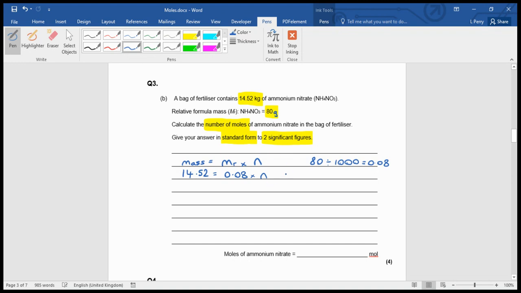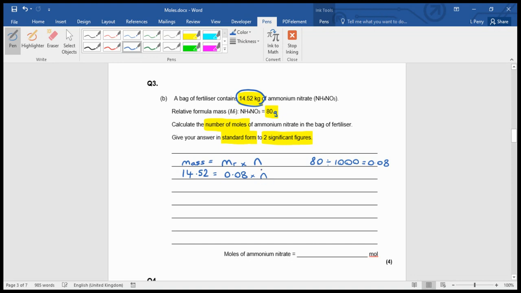Now, before I carry on, I could have done it the other way around. I could have turned this into grams and put that in grams there. Either way doesn't matter as long as my units match. So I could have left that in grams, or I can have them both in kilograms. It doesn't matter which.